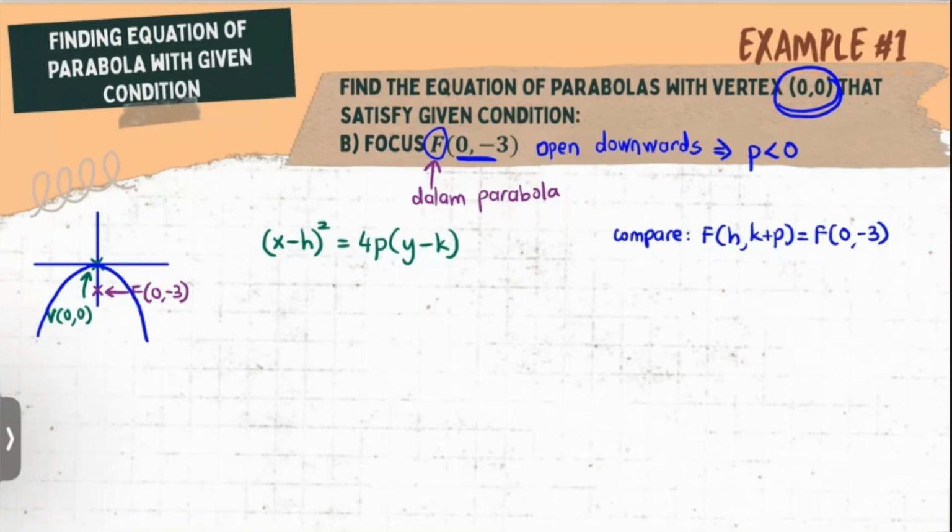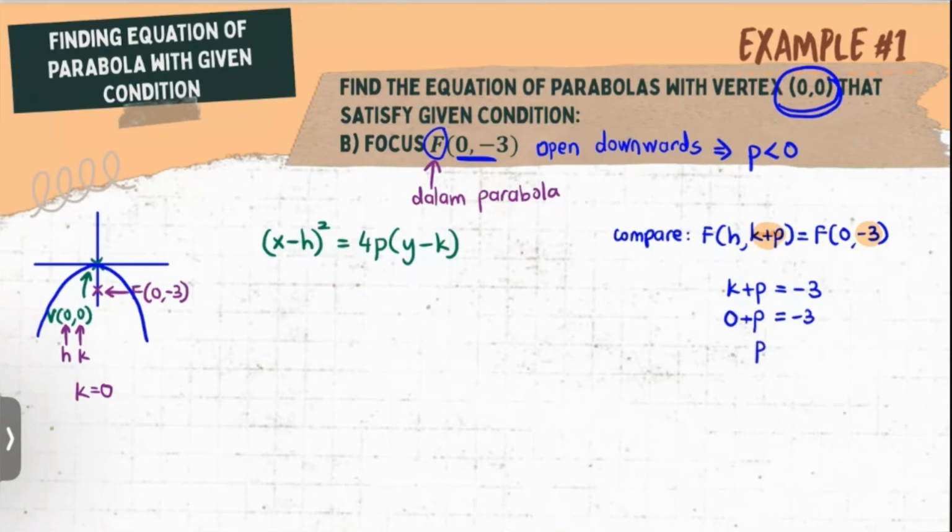Okay, so tadi saya dah tahu vertex kita kat sini kosong. Sini pun kosong. So from there, saya boleh terus compare k plus p dengan -3. So k plus p is equals to -3. So what is the value of our k? Nampak tak? Vertex kita adalah h, k kan? So since our k is equals to 0, k kita kosong. So gantikan dekat sini. So 0 plus p equals to -3.